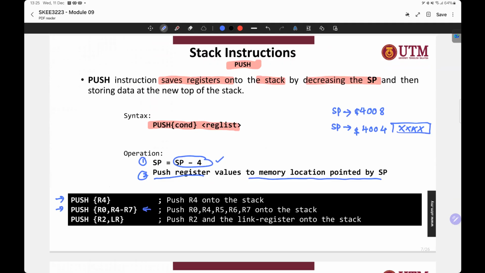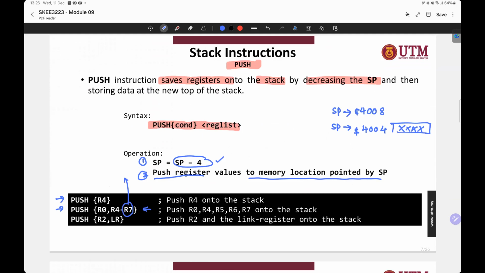In this case, when you have multiple registers to push at the same time, the highest number register will use the highest memory address. That means R7 will be stored at the highest memory location of your stack, followed by R6, R5, R4, then after that R0.